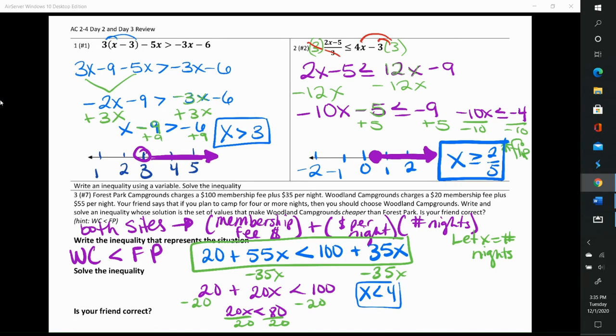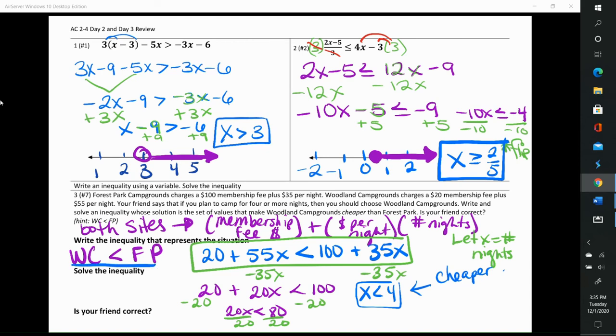So what does that mean? That means it's cheaper to stay at woodland campgrounds if you stay less than 4 nights, because that's how we set up the inequality. We set it up so that woodland campgrounds will be cheaper than Forest Park.